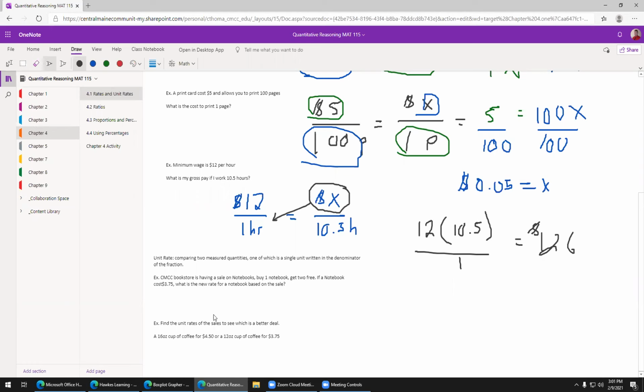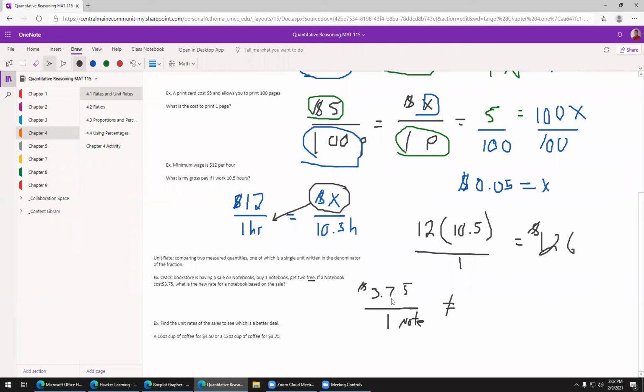This one's a little trickier for setting up the cross multiplication problem. This one you're going to have to think out logically. So one notebook, $3.75 for one notebook. I cannot do this little proportion problem because of the word free, right?